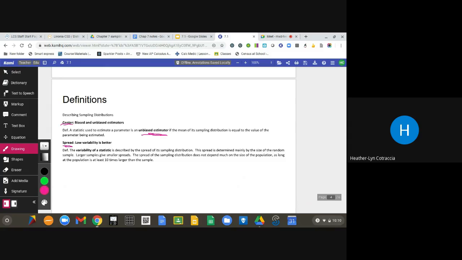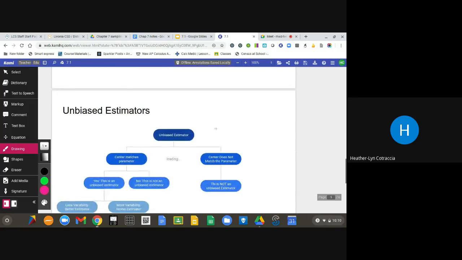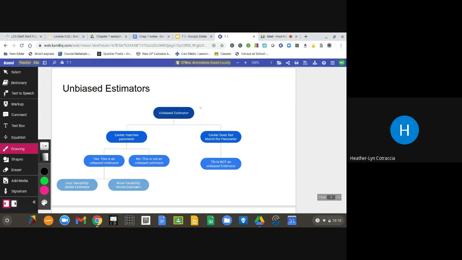You also want to look at your spread. You want low variability. Okay, so what I did was put this into a little flow chart here. If you're asking if something is an unbiased estimator, the first thing you're going to consider is the center. So does the center match the parameter? Then yes, it could be. You probably don't need to worry about this side over here. So, unbiased estimate, does the center match the parameter?